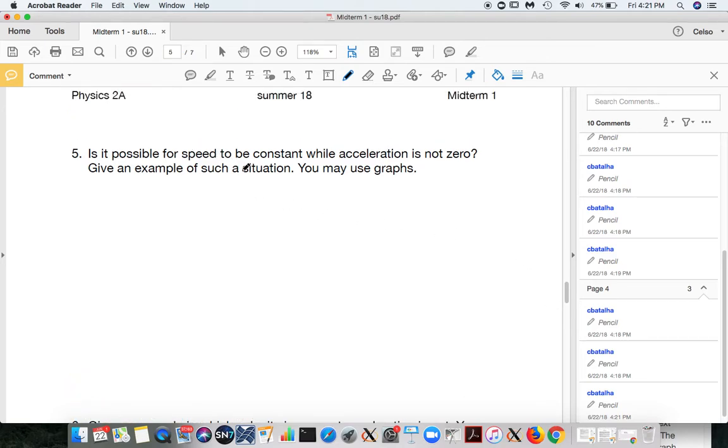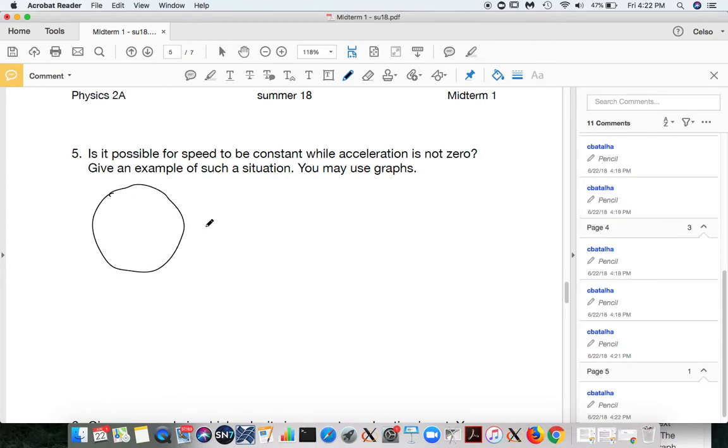Is it possible for a speed to be constant while acceleration is not? Yes. If you go in a circle, that's the example I gave in class. Let's say you go 3 miles per hour in a circle. The speed is constant, but not the direction, which is the tangent to the path. Remember we did that in class? The tangent to the path is changing all the time.